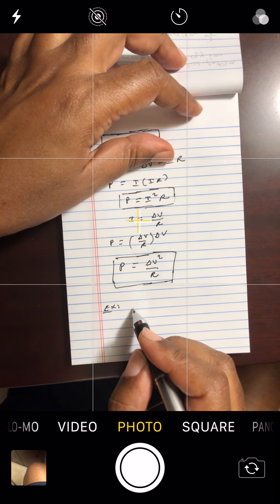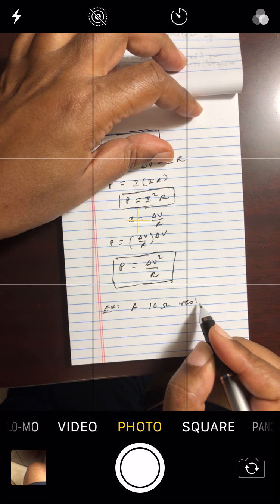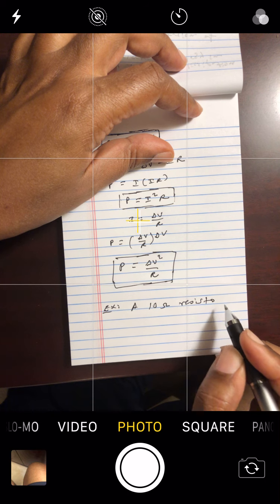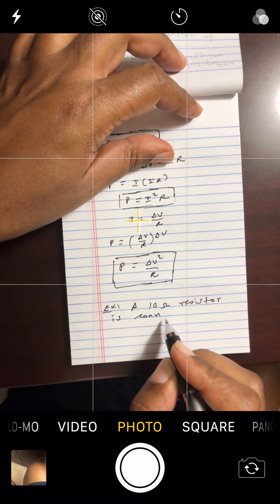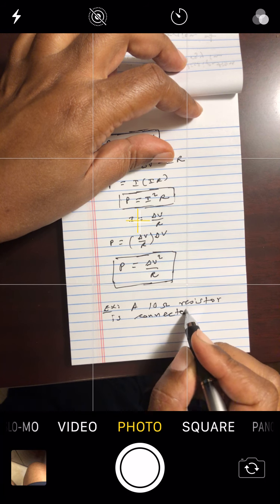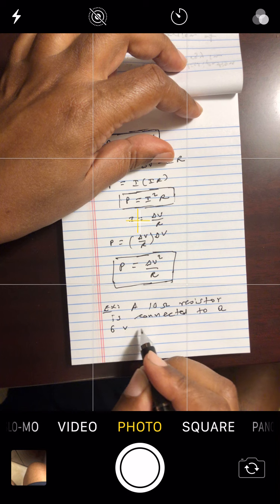All right, example. Let's say a 10 ohm resistor is connected to a 6-volt battery.